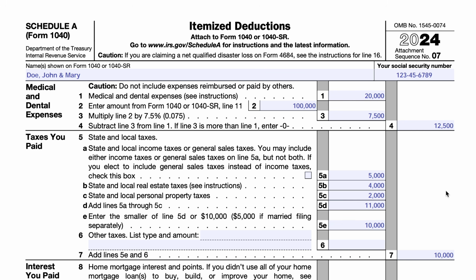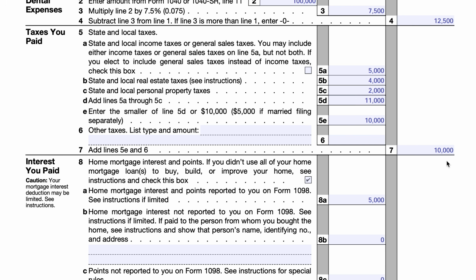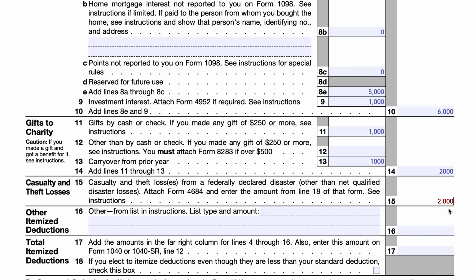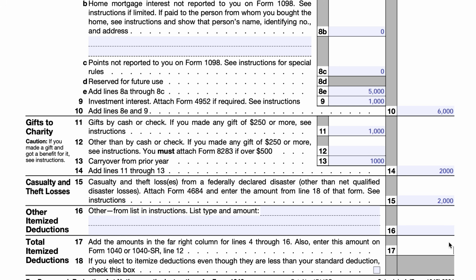So we've got 12,500 plus 10,000. So that's 22,500, 28,500. Let's call this 32,500.